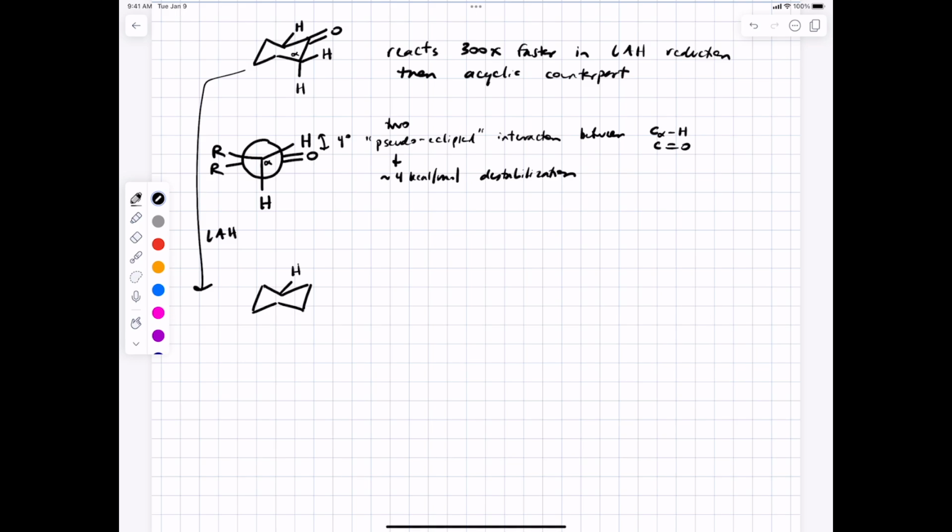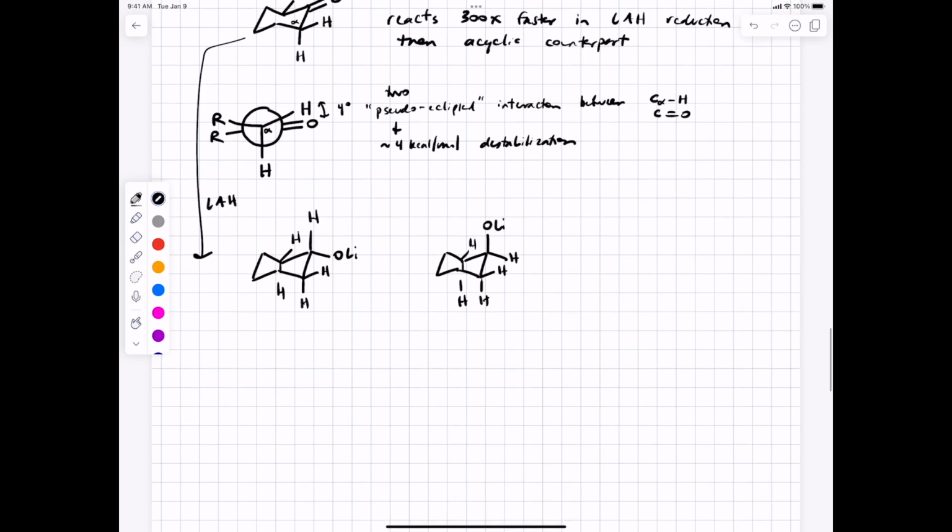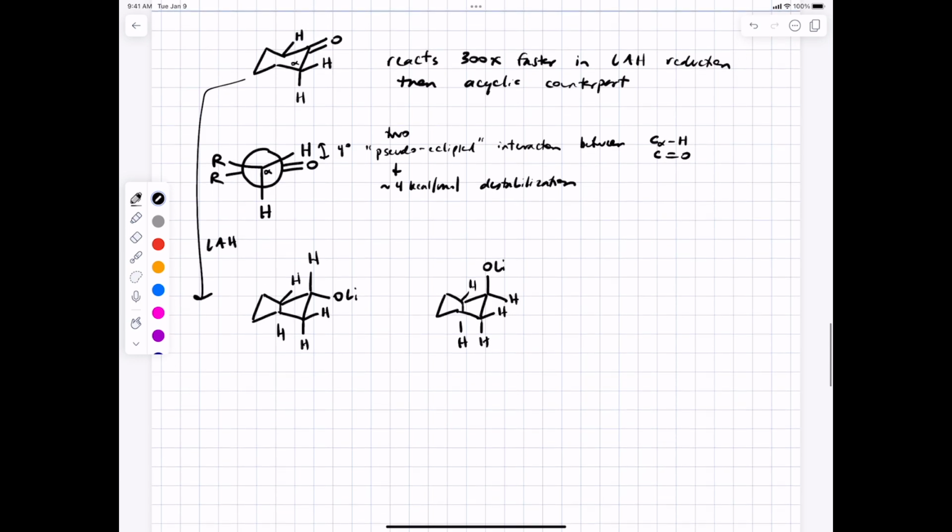Depending on which side the hydride gets added to, let's think about what we've introduced there. We relieved an eclipsed interaction.